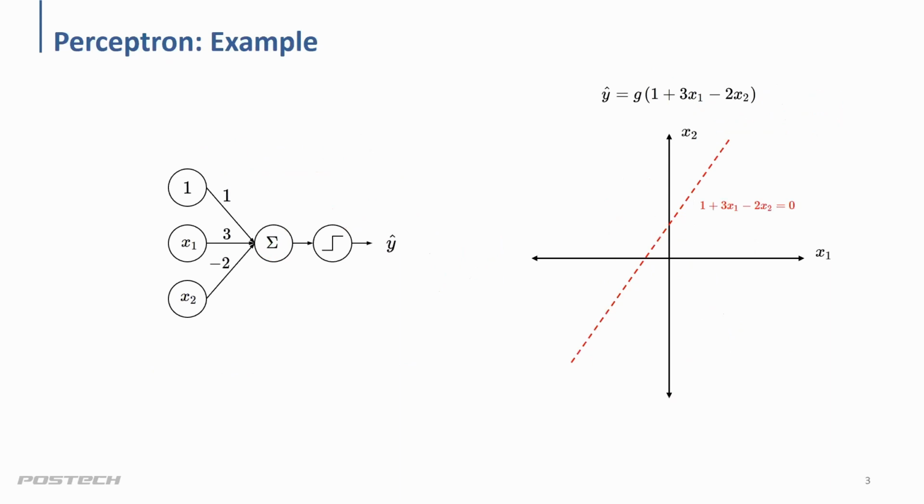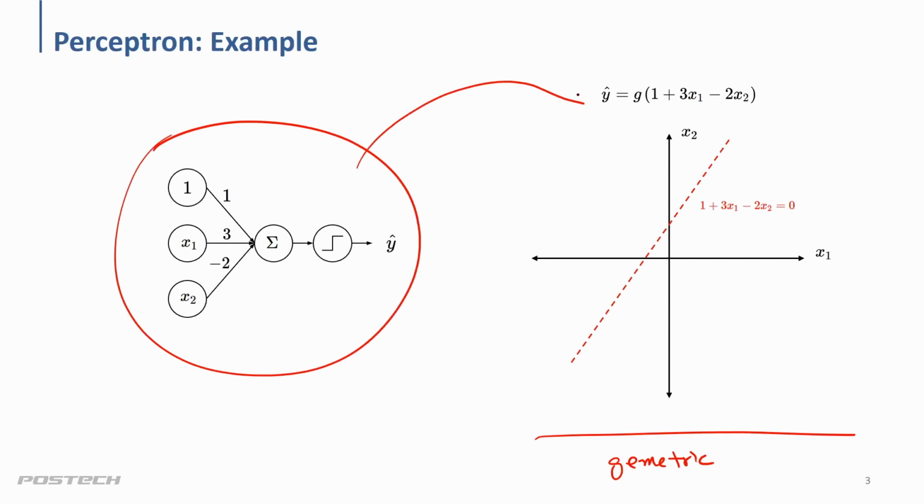Now I want to think about the perceptron in a geometric sense. We know that this one is represented like that, with nonlinear activation functions.